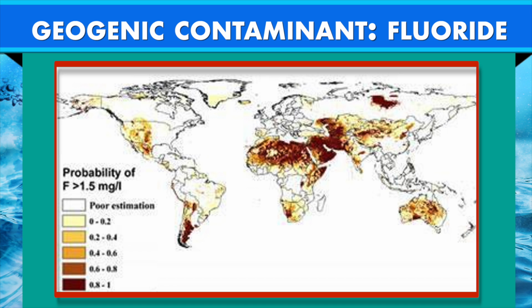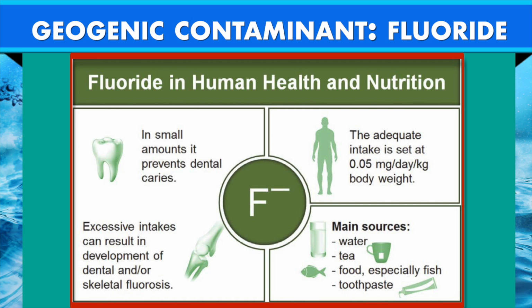The problem is severe in India and other such developing countries because a major proportion of the rural population is dependent on the available surface water or groundwater sources for their day-to-day requirements. The principal sources of fluoride to human physiology are water and food. About 96% of fluoride in the body is found in bones and teeth.